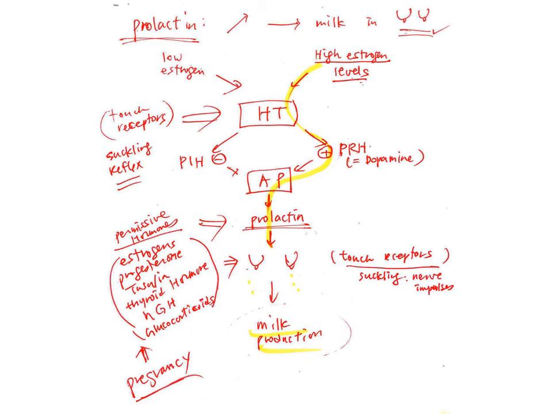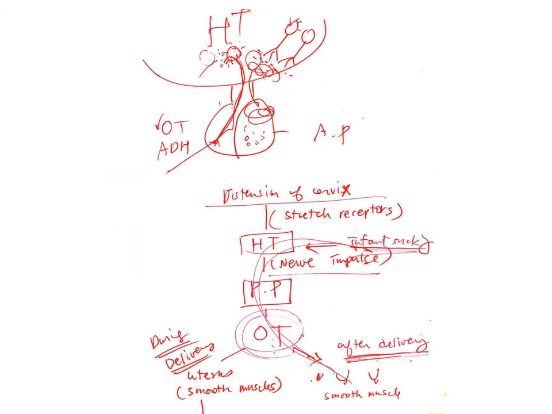So if you want to give your own milk to the baby, your baby has to give you the suckling response by triggering the hypothalamus neurons with nerve impulses.